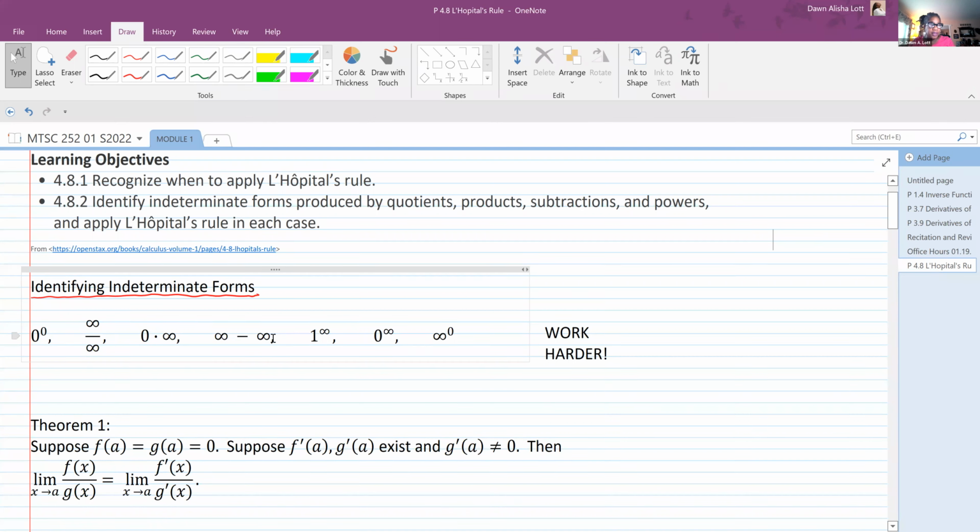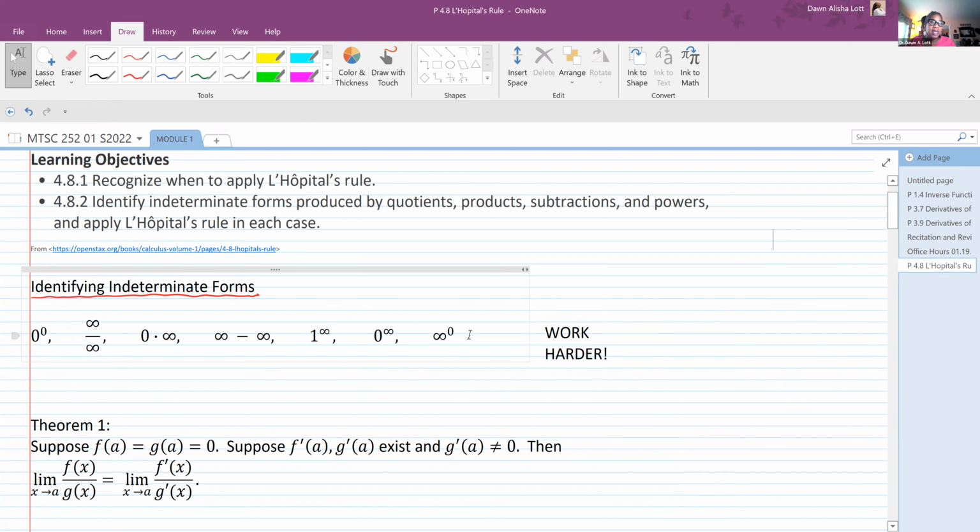Infinity minus infinity, although we might think it is 0, it is not. It does not have a value. 1 to the infinity power does not have a value. You would think it's 1, but no, it's not. 0 to the infinity does not have a value, and neither does infinity to the 0.